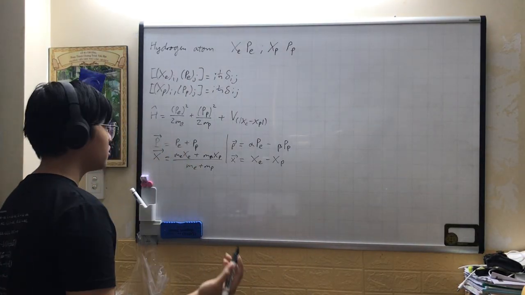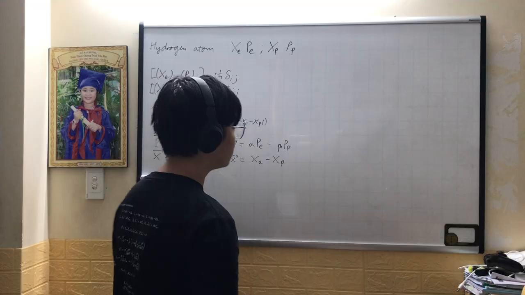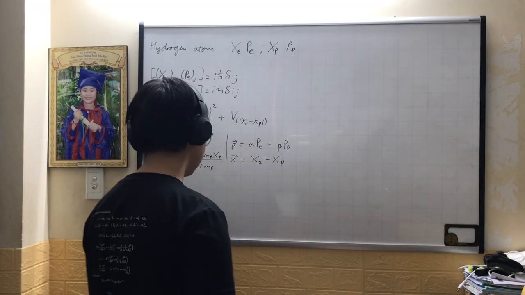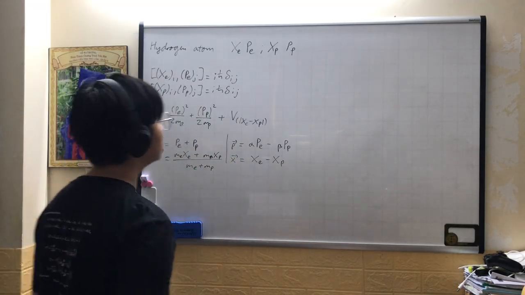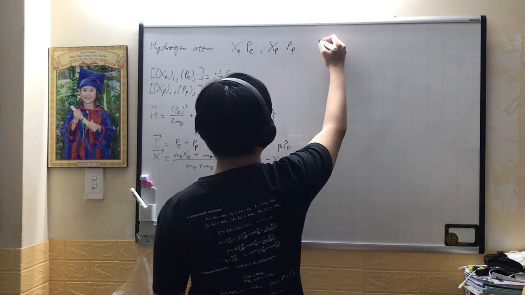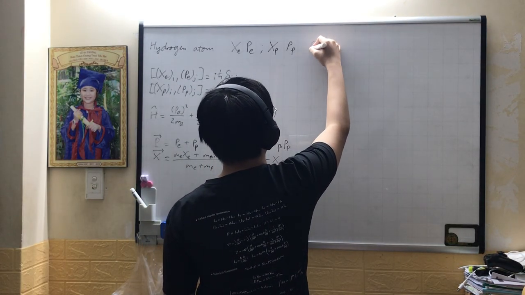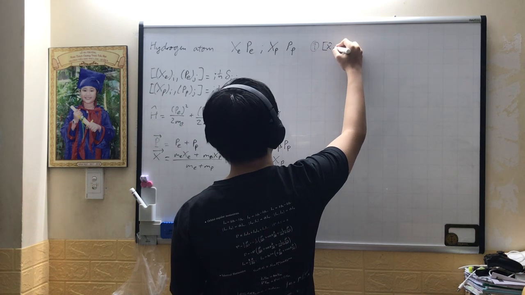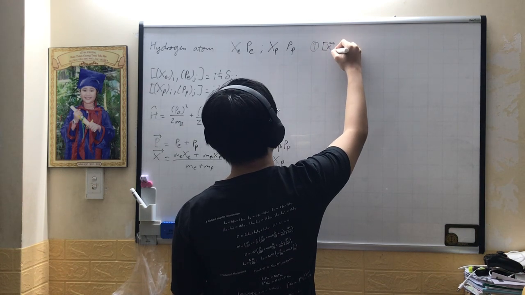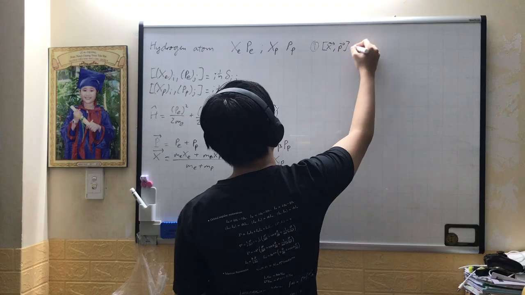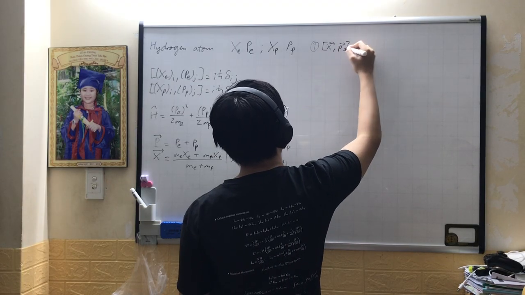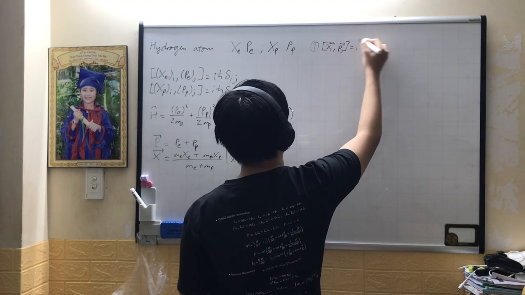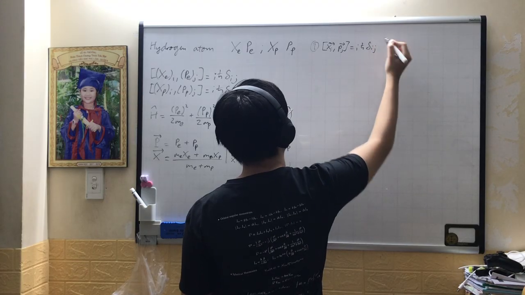The first property we're going to use is the commutation between small x and small p, which gives you i h-bar delta_ij.